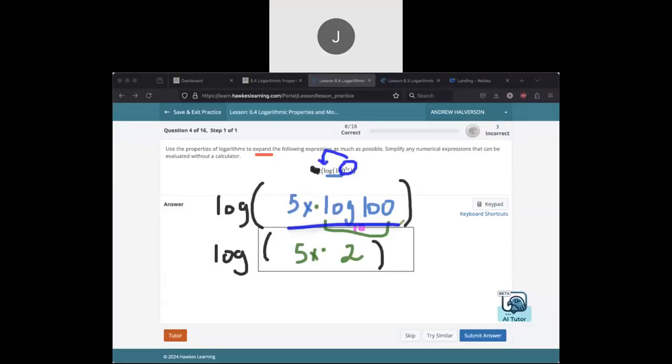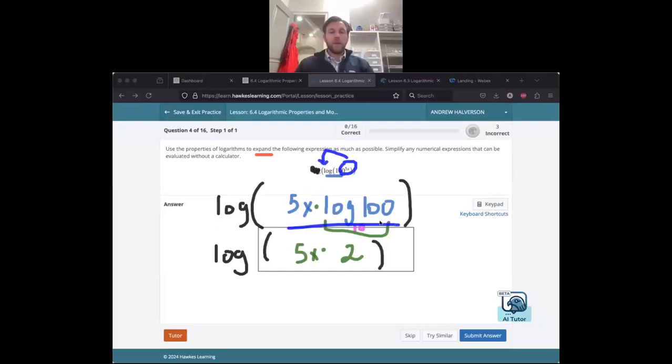That's how we got this. Then we said, oh, this can simplify. Log base 10 of 100, type it in your calculator, Desmos, or just ask yourself, what power of 10 will give me 100? That power is the value of 2, and that's what it reduces down to. So that's how we got here.